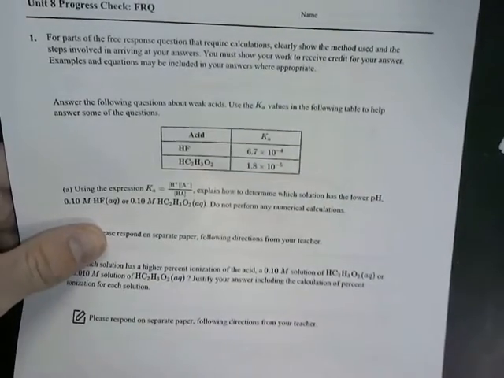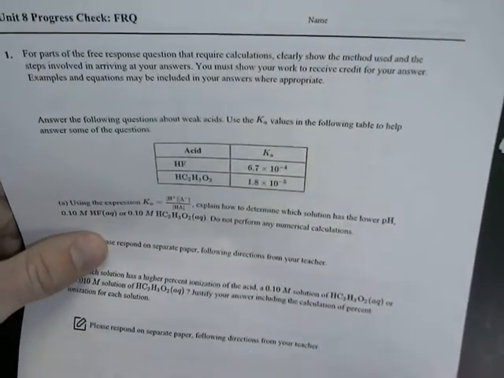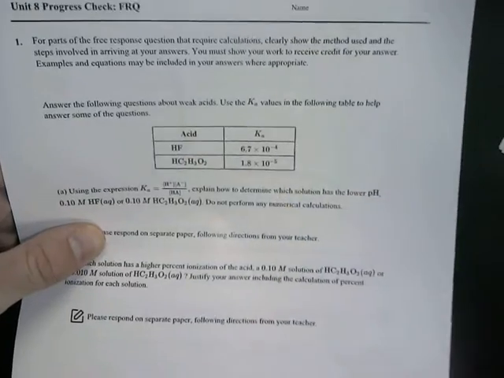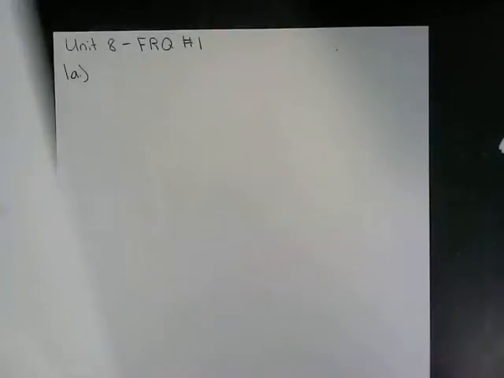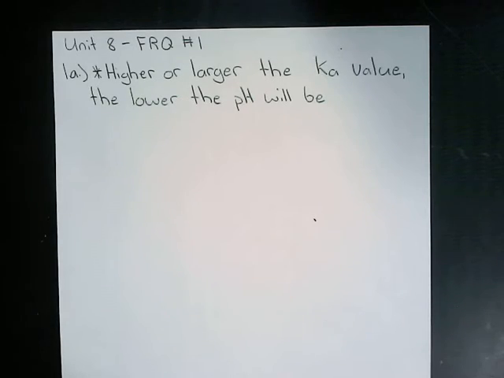Well, as a review for acids and bases, the higher the Ka value, the lower the pH will be. So I'm going to pause, I'll write that down, and we will go through that here in a second. All right, so there is that statement that I just went over.